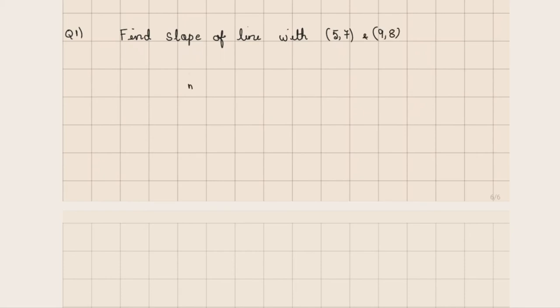So the slope m is nothing but (y2 minus y1) by (x2 minus x1), which is (8 minus 7) by (9 minus 5), which is 1 by 4, which is equal to tan theta. So theta will be tan inverse 1 by 4.